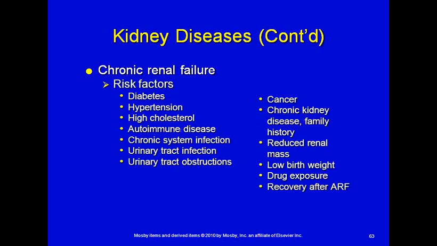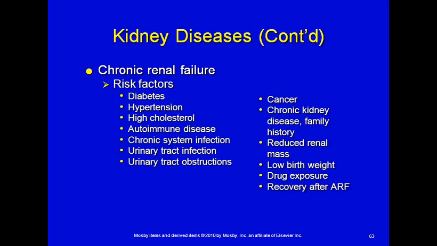Those at risk of chronic renal failure include diabetes and hypertension, being the two top risks. Somebody with high cholesterol, somebody with an autoimmune disease, somebody with a chronic systemic infection, urinary tract infections, or urinary tract obstructions are all at great risk of chronic renal failure.